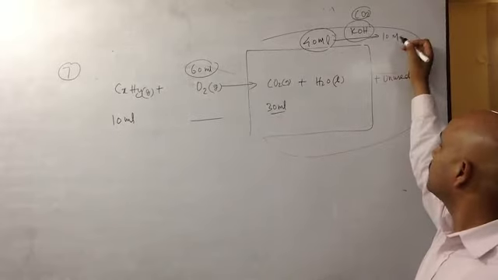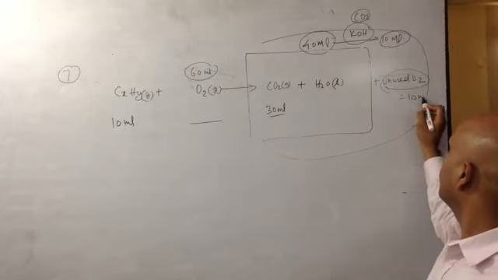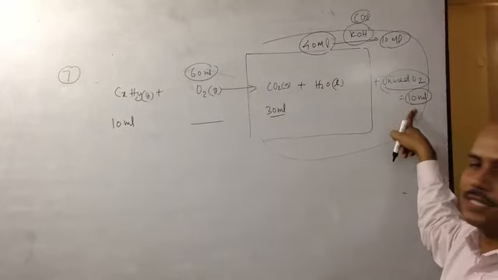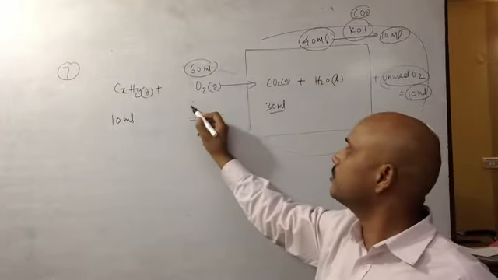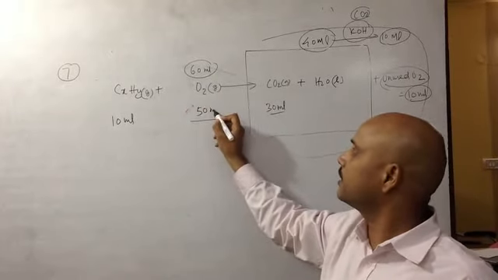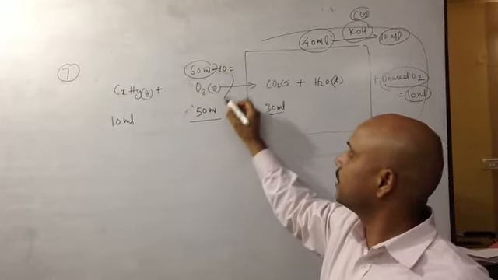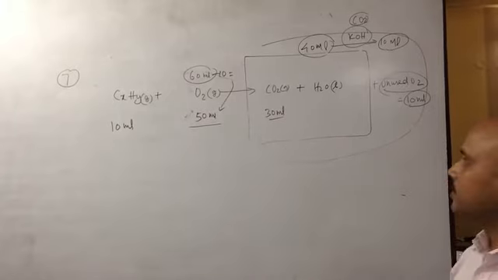Now 10 milliliter, what is this volume? This volume is unused oxygen. If unused oxygen is 10, initial volume of oxygen is 60. Therefore, what is the used oxygen value? It is 50 milliliter. 60 minus 10, it is 50 milliliter. Now we have our information present here.